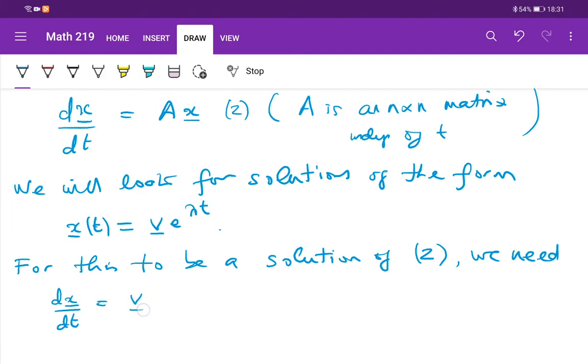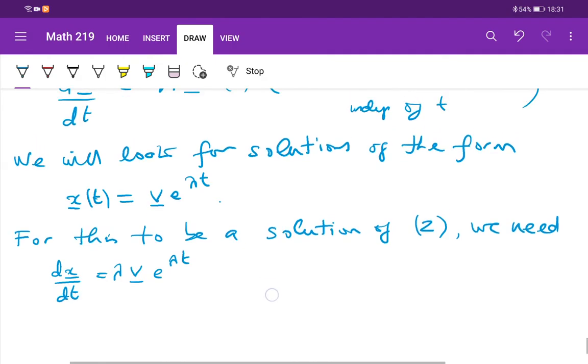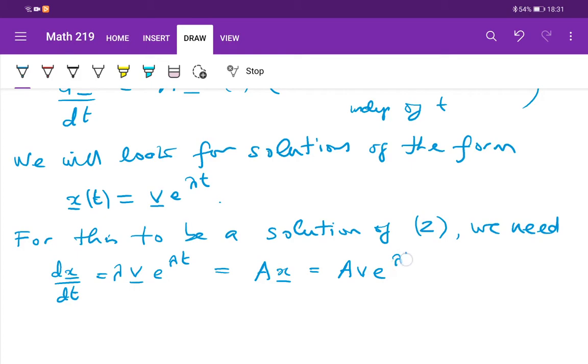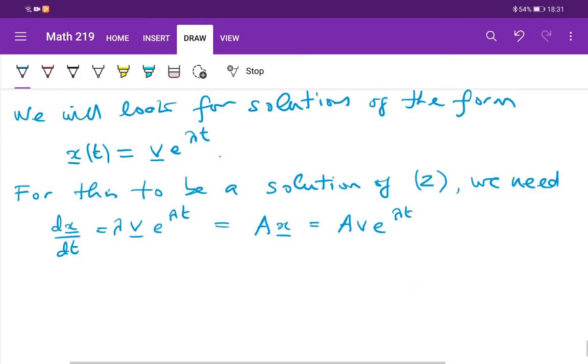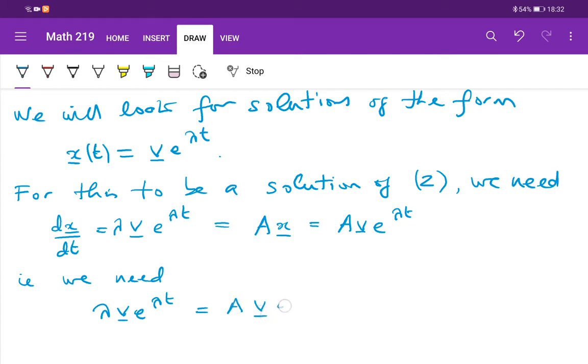In this case, v is constant, and you just differentiate the exponential, so you get lambda times v e to the lambda t. For this to be a solution, we want this to be equal to A times x, and x is v e to the lambda t. So we need lambda v e to the lambda t equal to A v e to the lambda t.